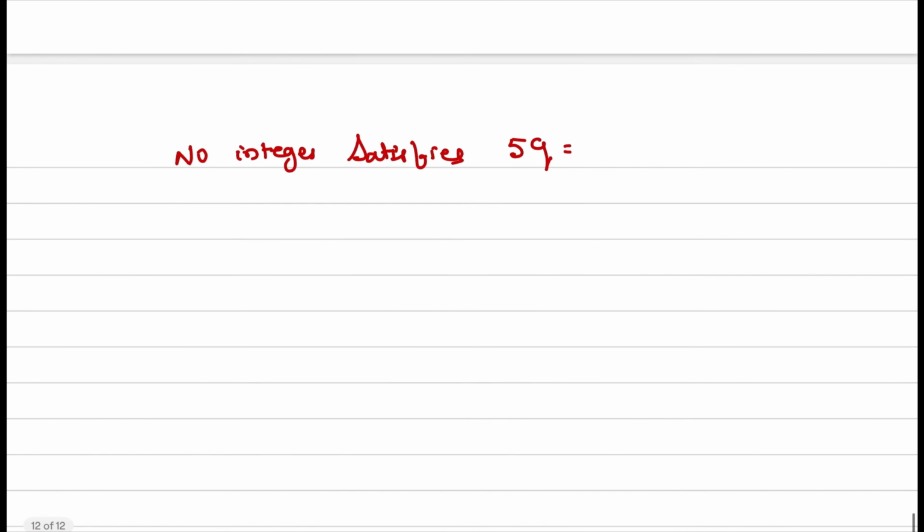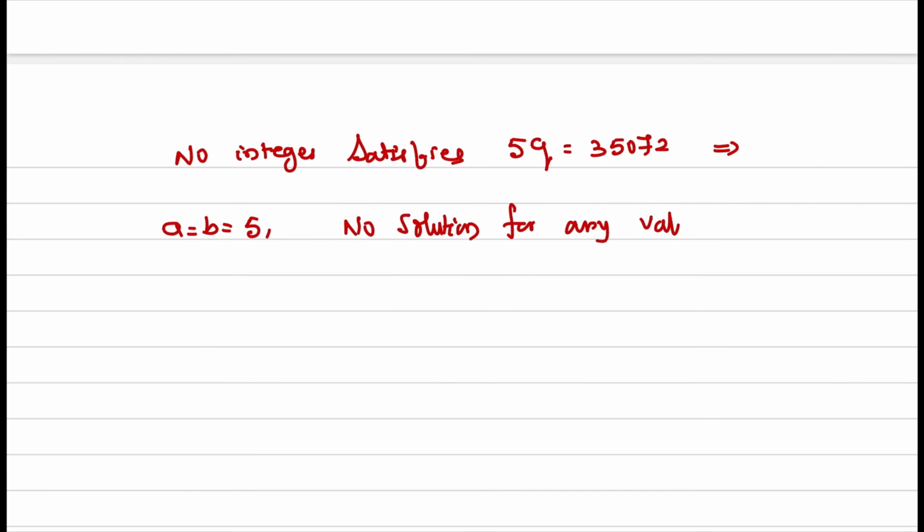No integer satisfies 5q is equal to 35072. That implies for a is equal to b is equal to 5, no solution for any value of n.